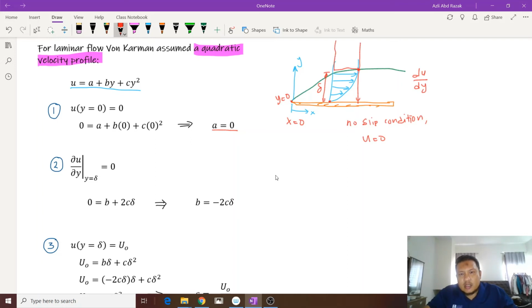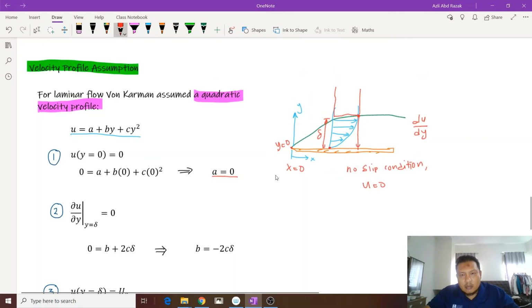There is a similar velocity above this, which is all u naught. So at y equal to delta, du dy equals 0.